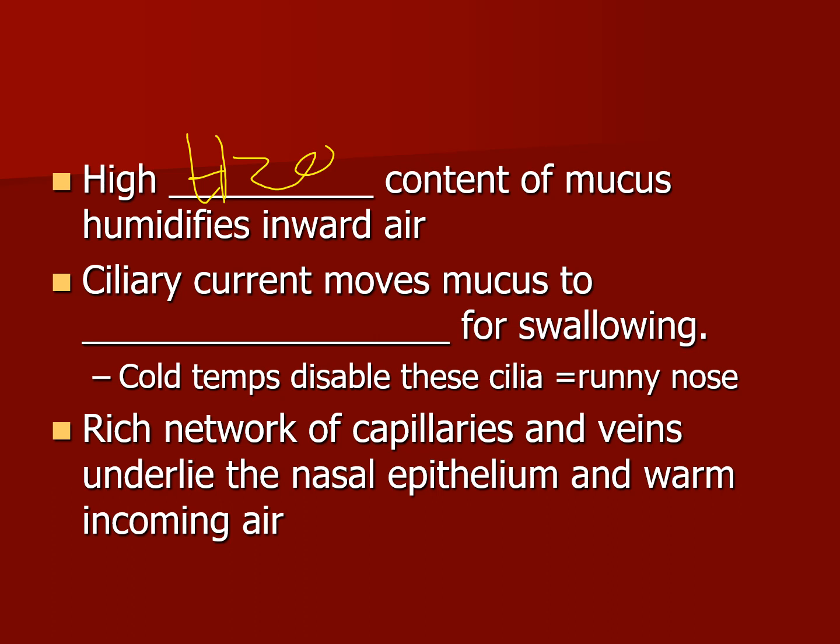So the ciliary current, or the ciliary beat, moves mucus towards the pharynx, or the throat if you want to write throat there, but the pharynx, P-H-A-R-Y-N-X, for swallowing. So the cold temps will disable the cilia.